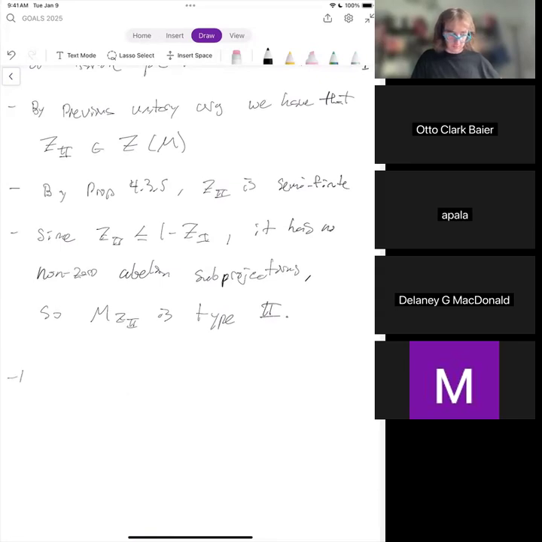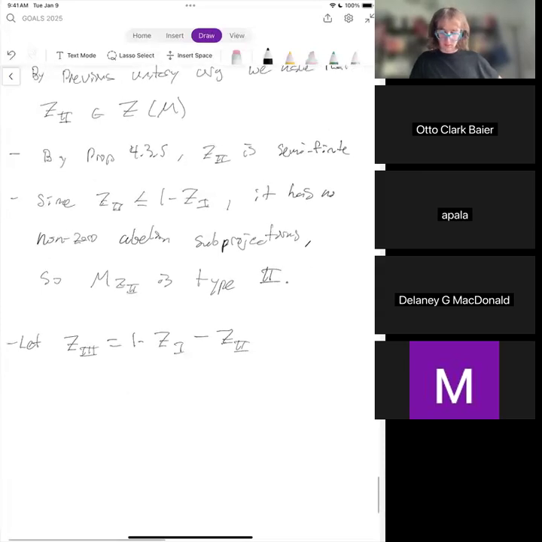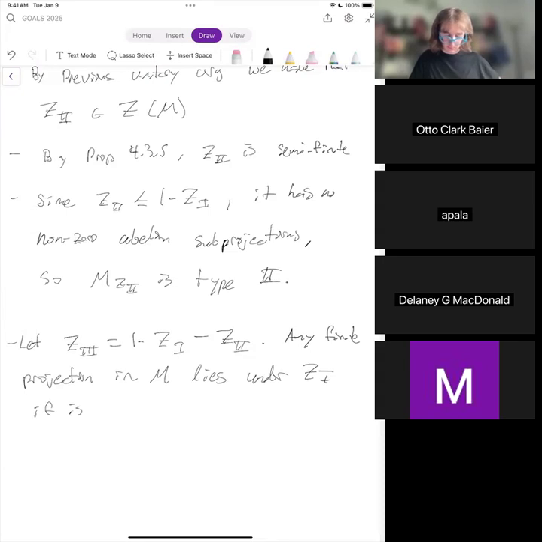So we just define Z3 to be 1 minus Z1 minus Z2. And observe that any finite projection in M lies under Z1 if it is abelian.